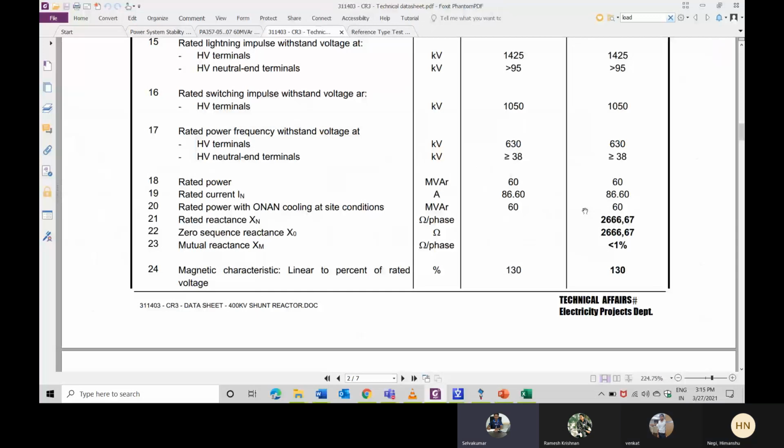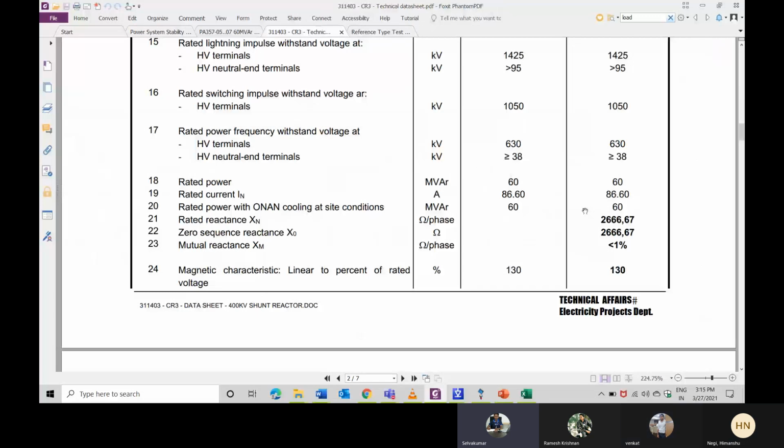So root 3 into VI is basically MVR. Otherwise we can write V square by XC also. So if you divide this by root 3 into 0.4 square, then you will get the resistance, correct? Yes. So probably try once.